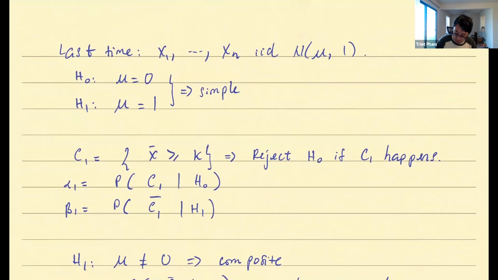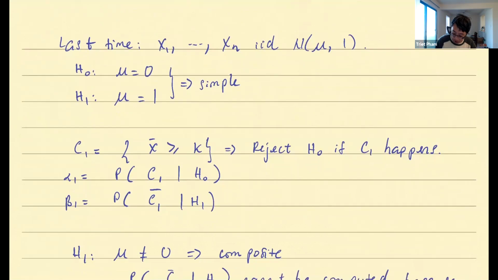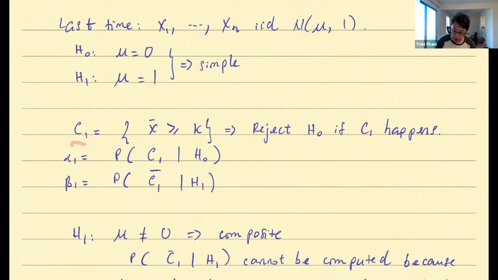But anyway, the point is that we were playing around with understanding how to calculate alpha and beta with different rejection regions.